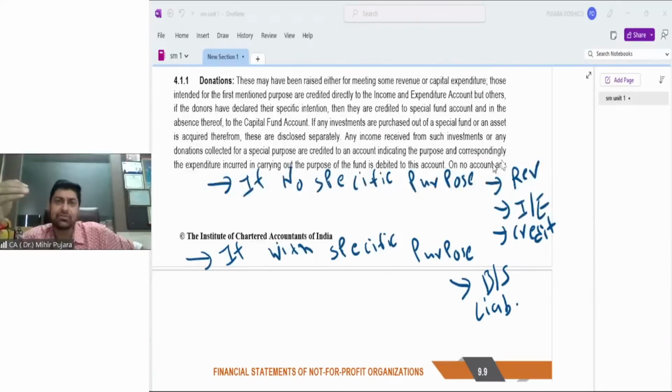And whatever we use of this donation for cancer patients will be reduced from that particular donation. Yes, Rohit, absolutely correct. Perfect.